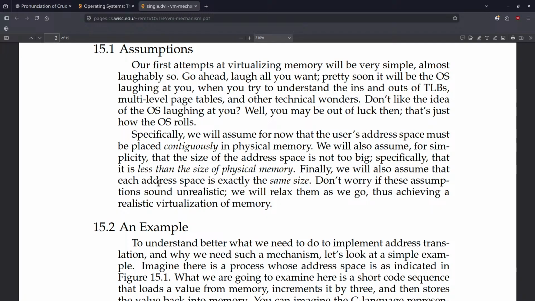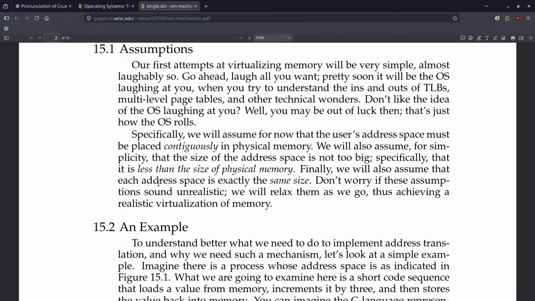We will also assume for simplicity that the size of the address space is not too big, specifically that it is less than the size of physical memory. Okay, we will suppose that all the address space will fit in the physical memory, if we subtract other stuff that exists.